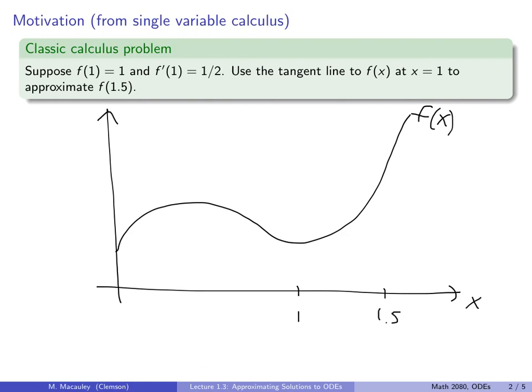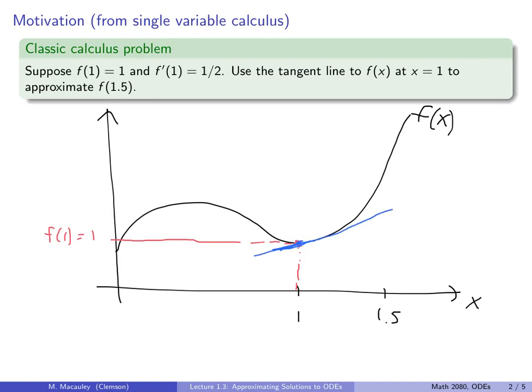And so we know that at 1, the value of f is 1. So in other words, f of 1 equals 1. And so the tangent line approximation: I'm trying to draw a tangent line, I'm not very good at this, as you've seen in other lectures.